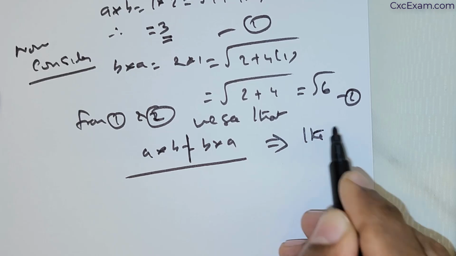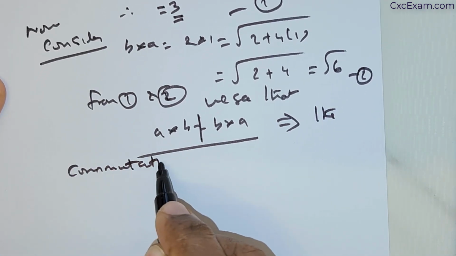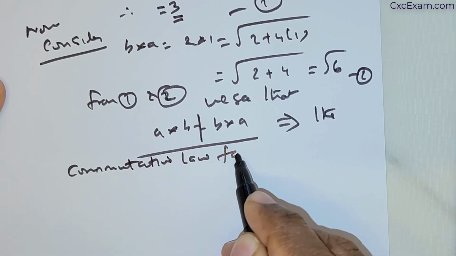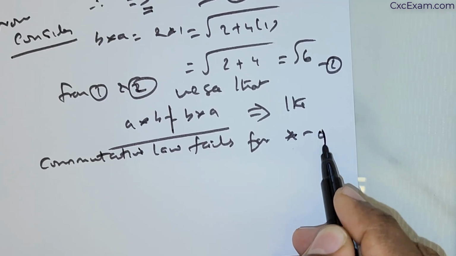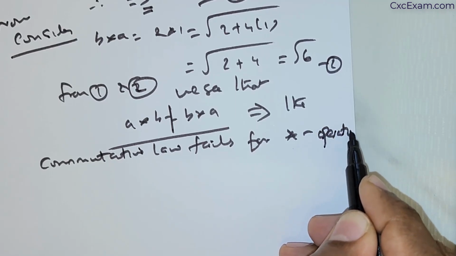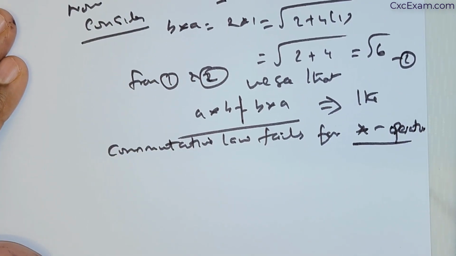This means the commutative law fails for the star operator. Okay, so that is the definition, conclusion, explanation.